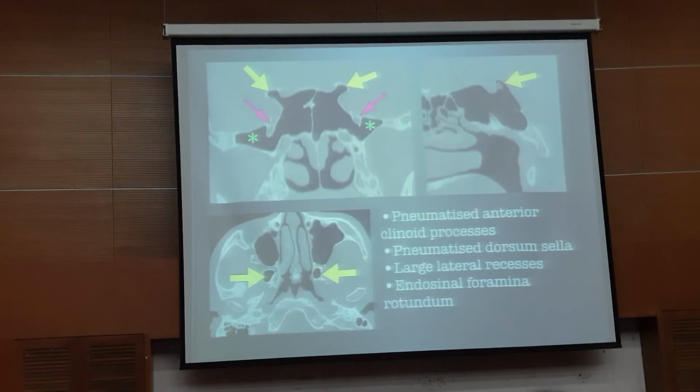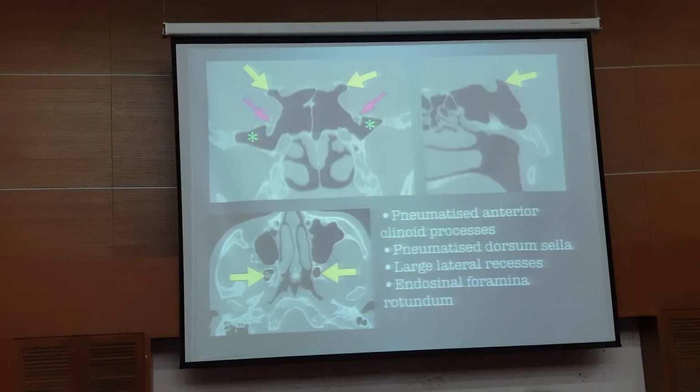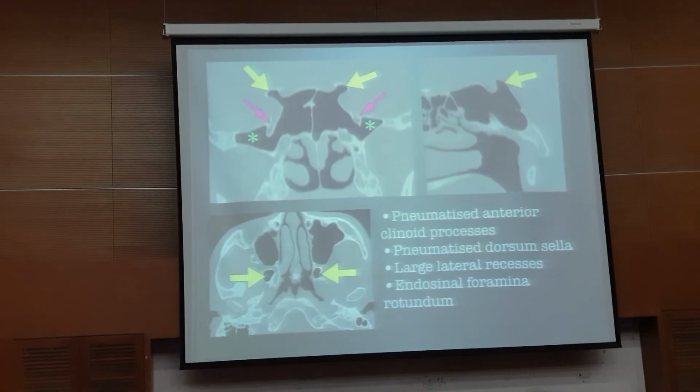You have a sellar type of pneumatization. The dorsum sellae is pneumatized, and here even the pterygoid processes are pneumatized as well. So this is a very hyperpneumatized sphenoid sinus. Some people call that type of foramen rotundum endosinal, meaning it's actually passing through the sinus.